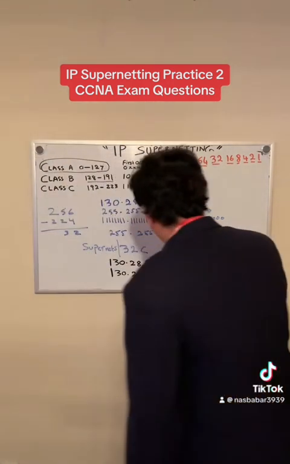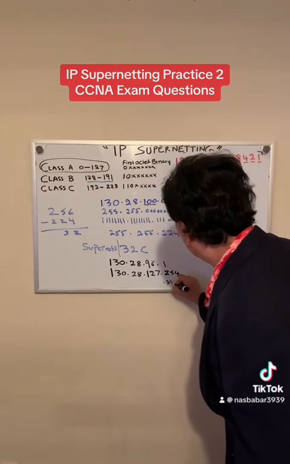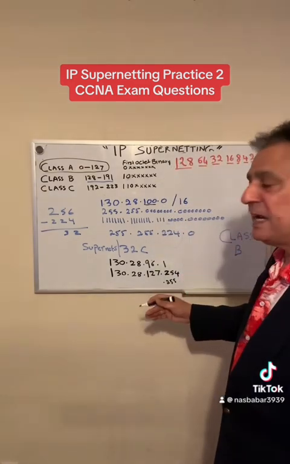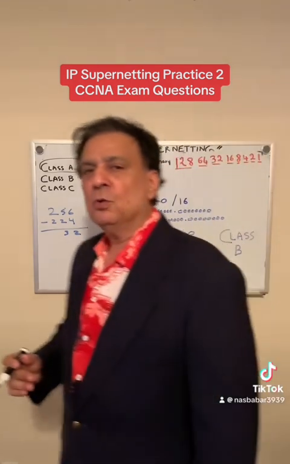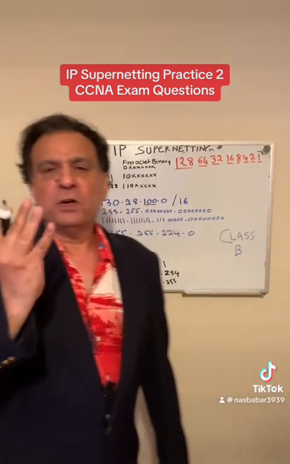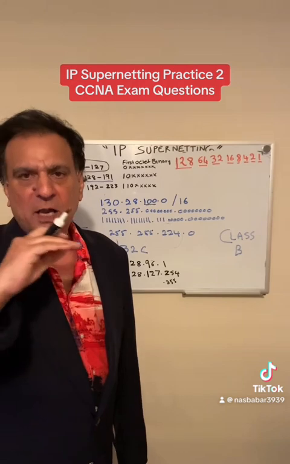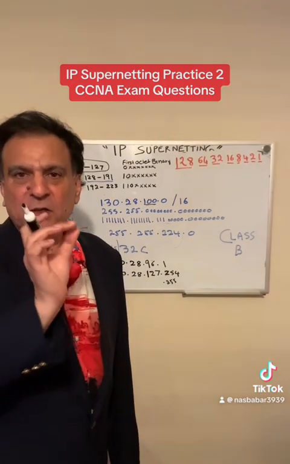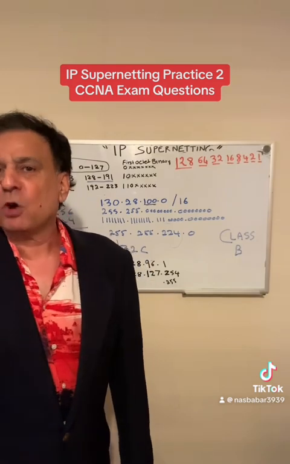Technically it's 255, but as you all know by now, that is a broadcast IP and we can't use that. So if you have 4 IP subnets out of a network, you can't use the first because it's the network, and you can't use the last one because it's the broadcast.